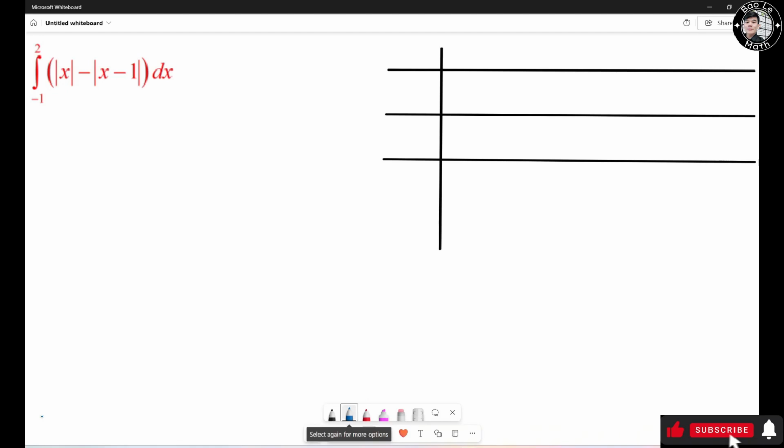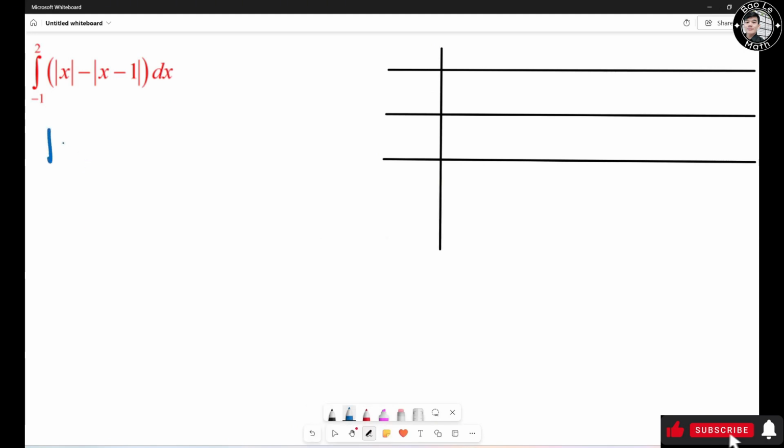We're going to learn how to solve this integral from the Indian JEE Advanced past paper. All right, we need to calculate the integral from -1 to 2 of absolute value of s minus absolute value of s minus 1, ds. Now, in order to solve this type of problem, we need to find the breakpoints.